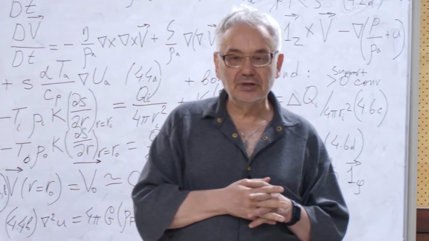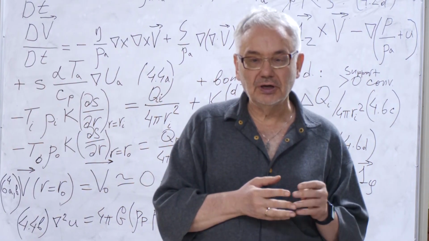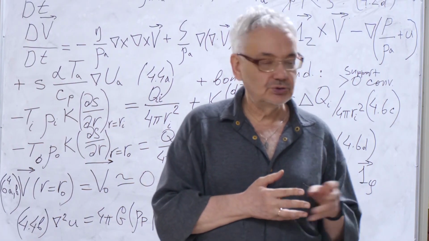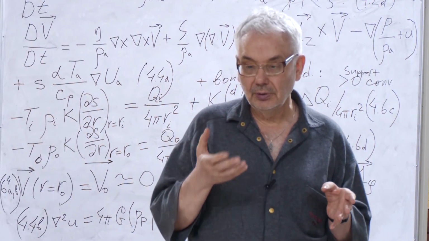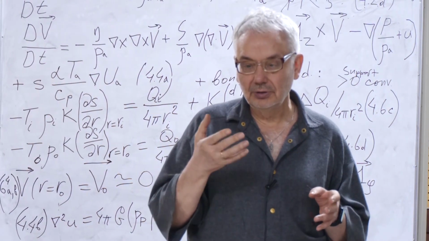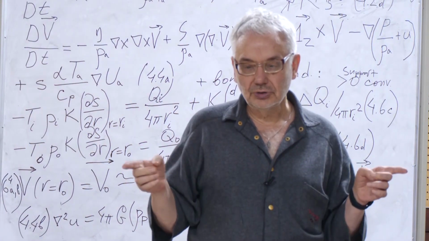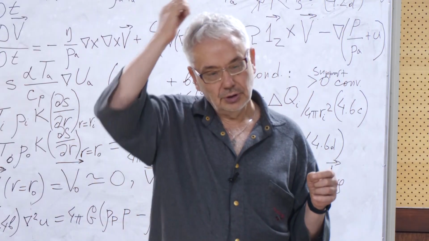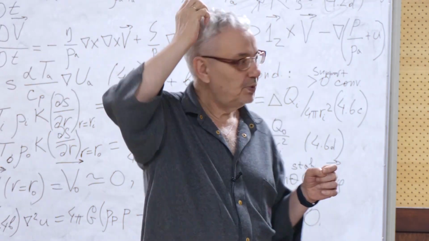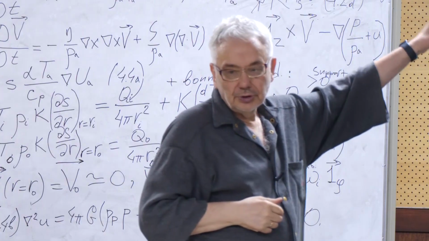From my point of view, it's quite impressive that we reduce such a complicated system to a second order ordinary differential equation, with the boundary conditions, and so it depends eventually only on the z coordinate.